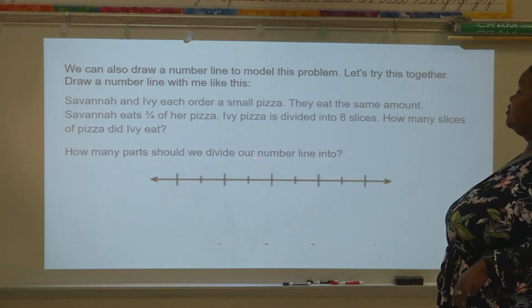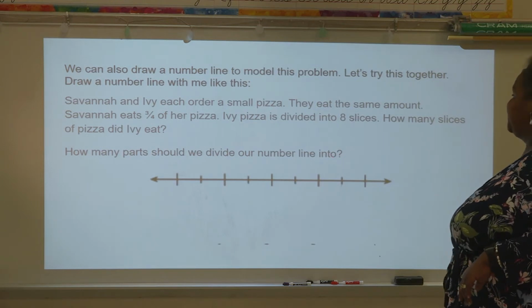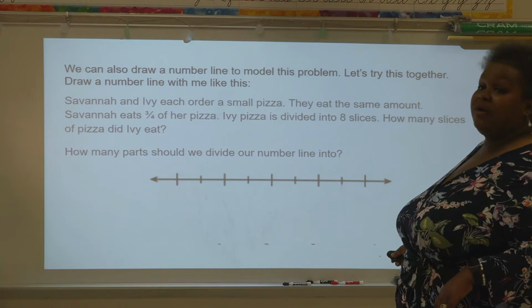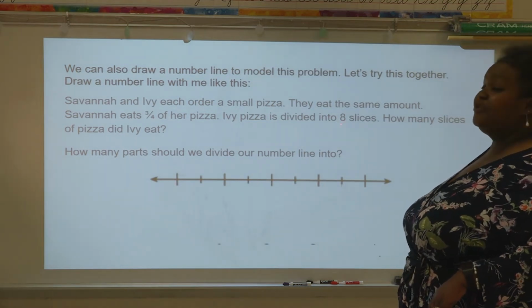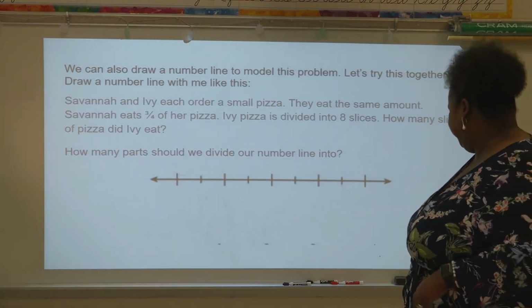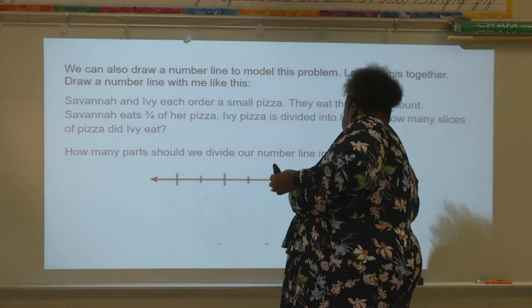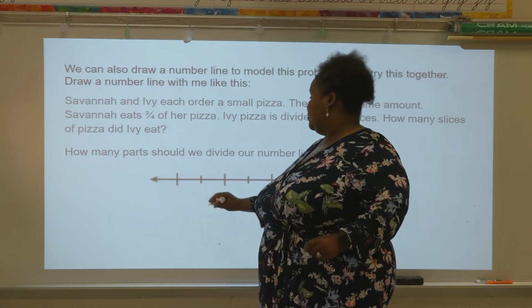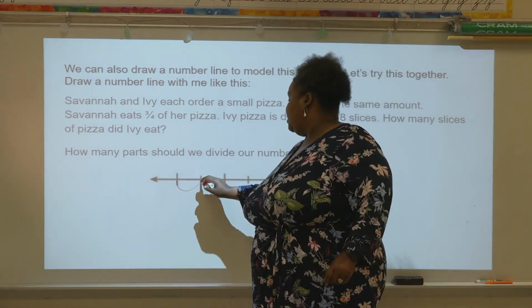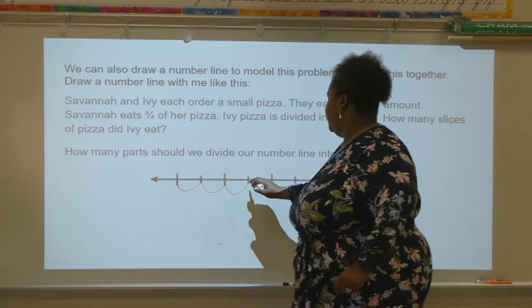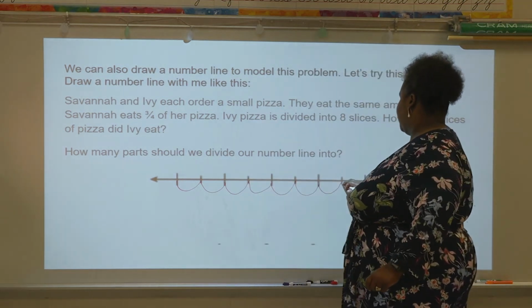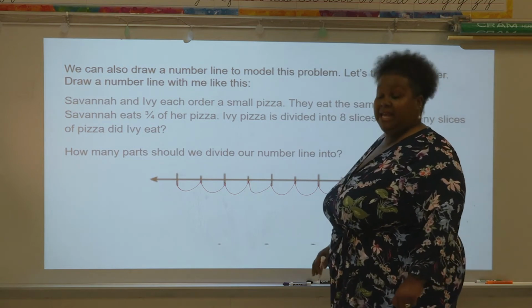How many parts should we divide our number line into? Well, I know I have to divide it into 4ths and also into 8ths. Okay, let's check and see if it's divided into 8ths first. 1, 2, 3, 4, 5, 6, 7, 8. I have 8 equal pieces.